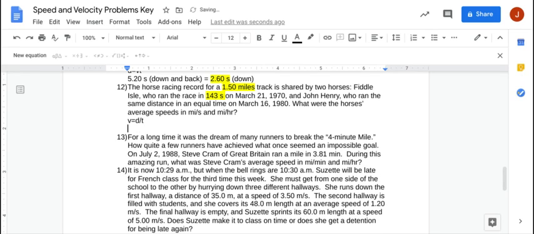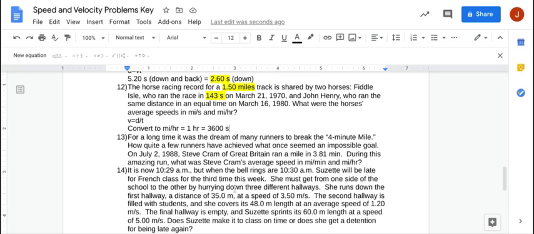But then after that, you need to convert to miles per hour. You don't do anything to your miles. So after you find your answer in miles per second, all you're going to do is convert your seconds to hours using the conversion 1 hour to 3,600 seconds. Remember to set it up where your units will cancel out.